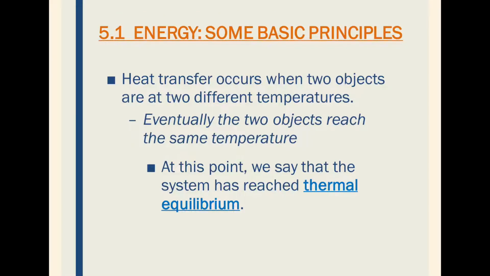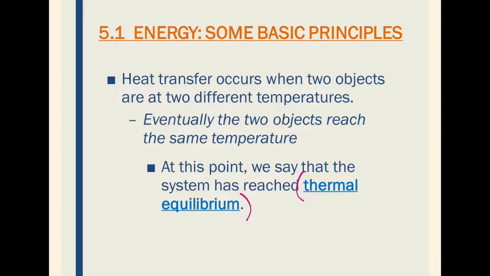Now, when you have 2 objects at different temperatures, what happens is we'll have heat transfer between those 2 objects. So the basic principle of heat flow is 2 objects at different temperatures, if you put them together in the same environment, will always reach the same temperature eventually. And we call that thermal equilibrium when they've reached the same temperature.